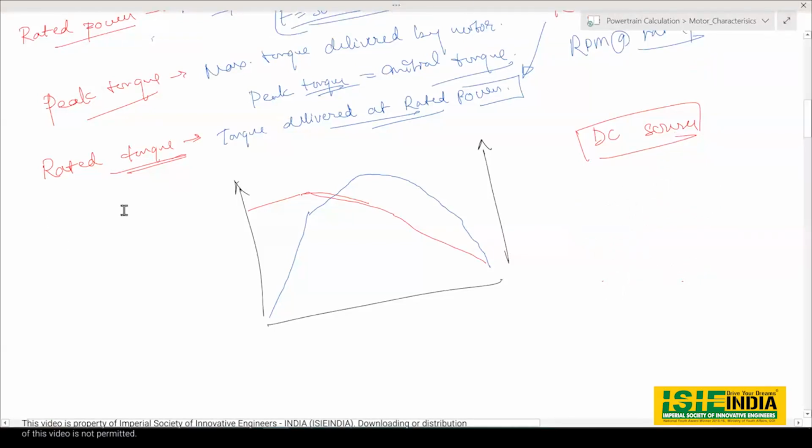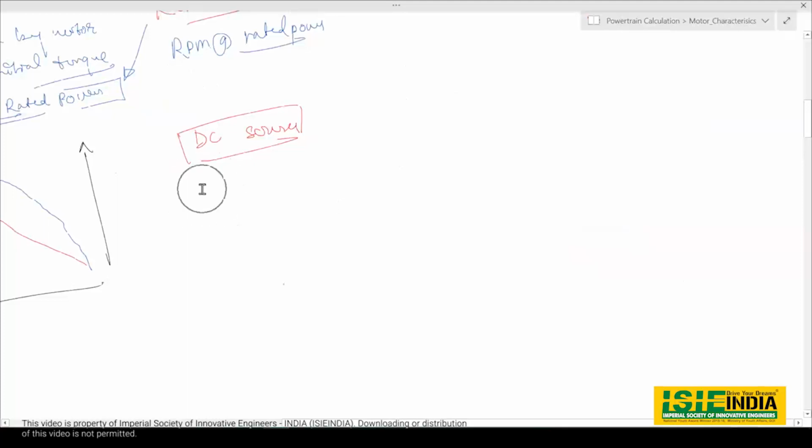See, we know that the motor works by electromagnetic interaction. By electromagnetic interaction, the motor will rotate, right? Because there is a magnet inside and then there is an electromagnet, and due to their interaction the motor will rotate, right?